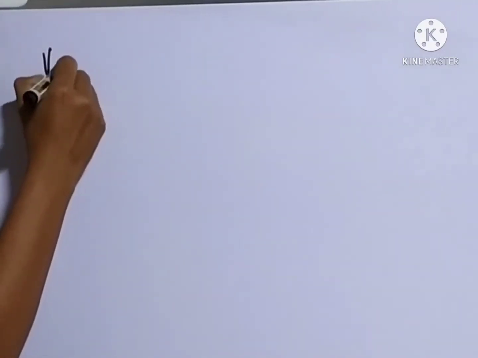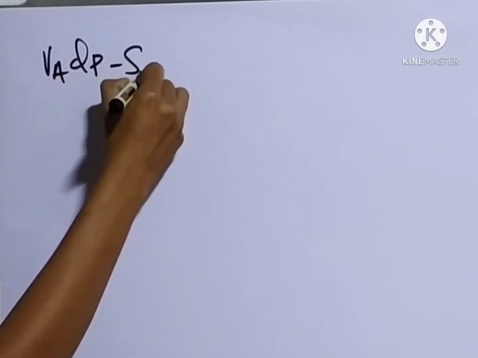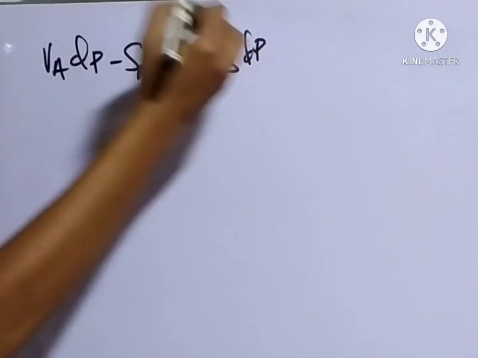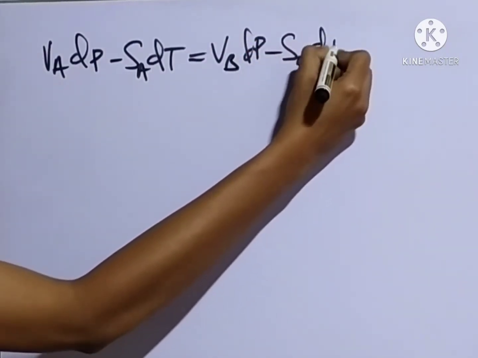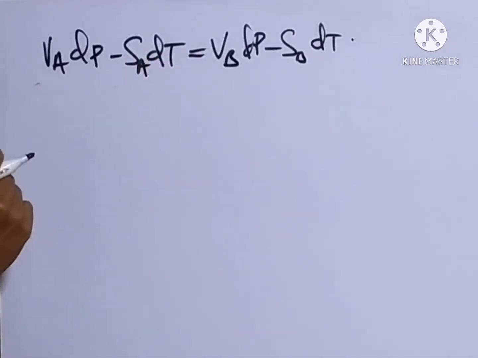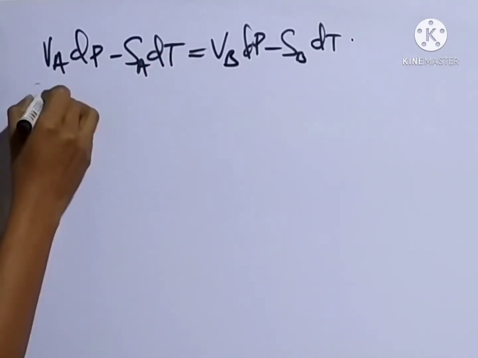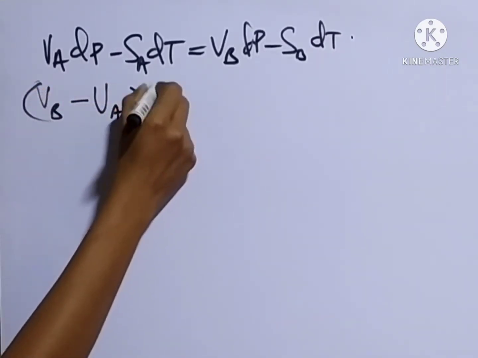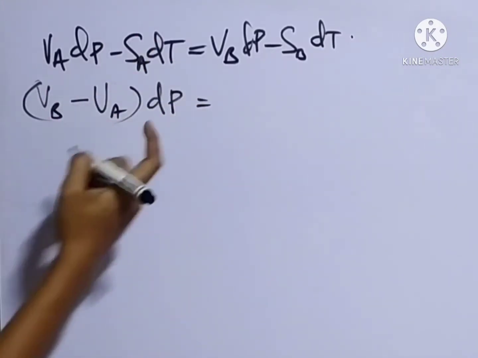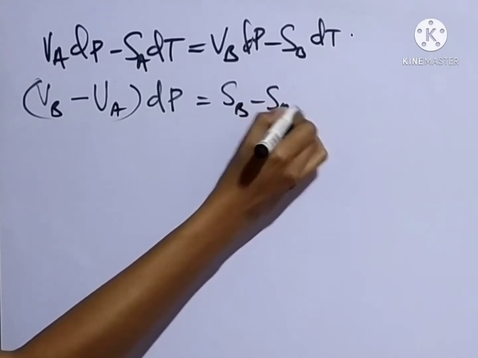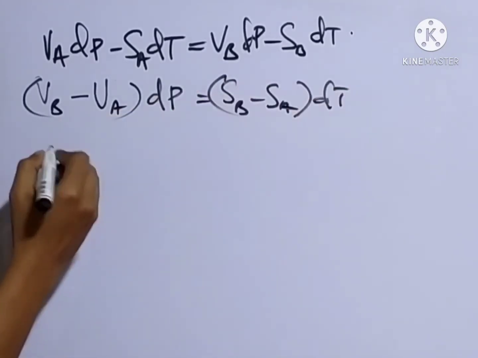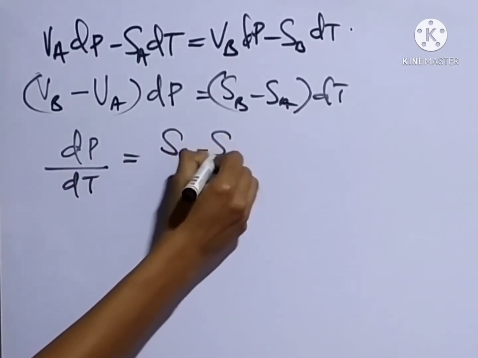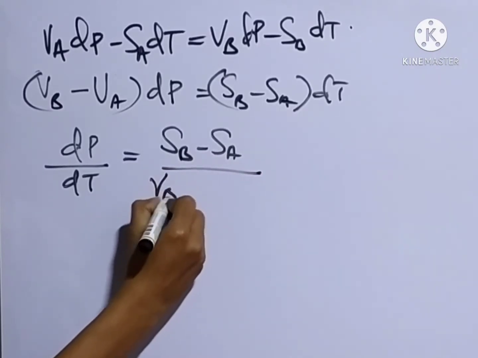Rearranging this equation, we can write it as (VB minus VA) dP equals (SB minus SA) dT. So dP by dT equals (SB minus SA) divided by (VB minus VA).